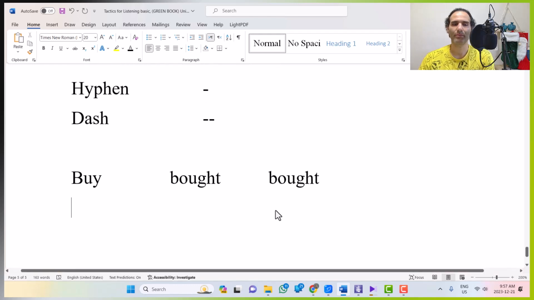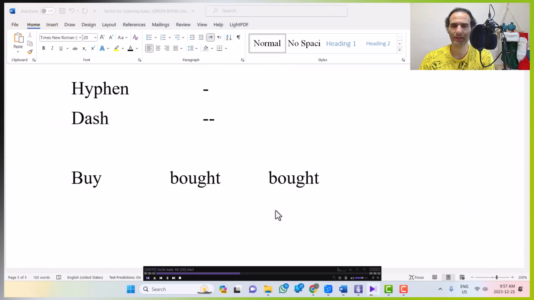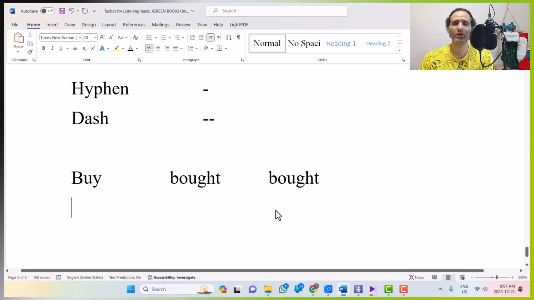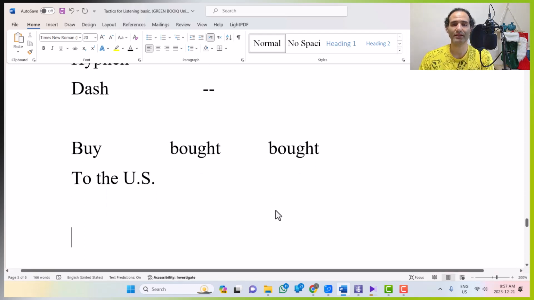But buy, bought. Okay? And the other thing. Before I moved to the US. Capital U, capital S, and sometimes with the final S, sometimes without. Anyway, so the US. Stress on S.